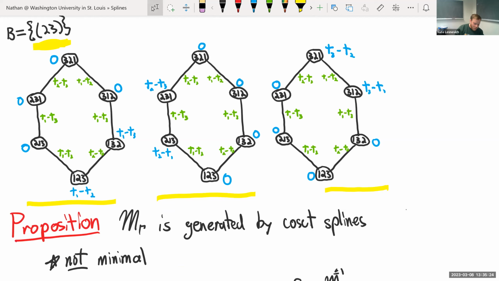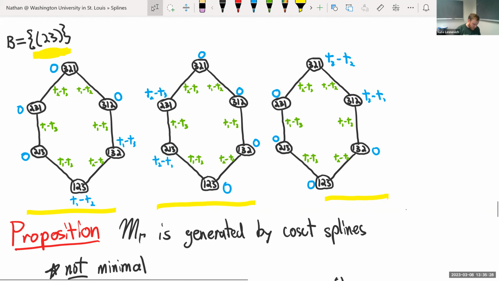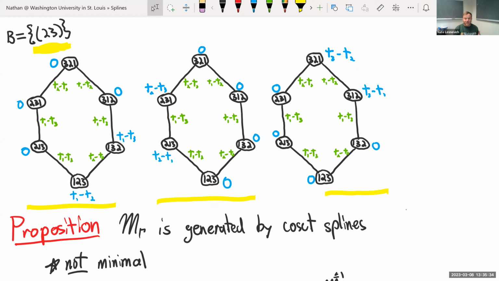Proposition: our module is generated by coset splines. So if you take the set of all coset splines, we have a generating set. This is very, very not minimal.